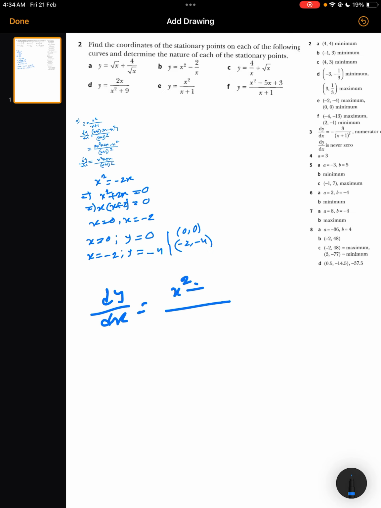Which is x squared plus 2x over (x plus 1) squared. So the second derivative would be over (x plus 1) to the power 4.